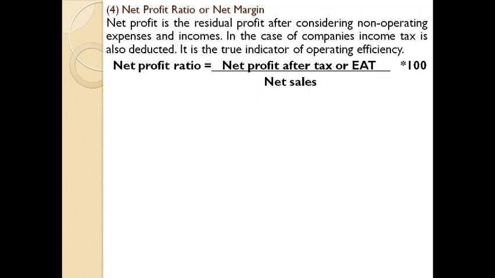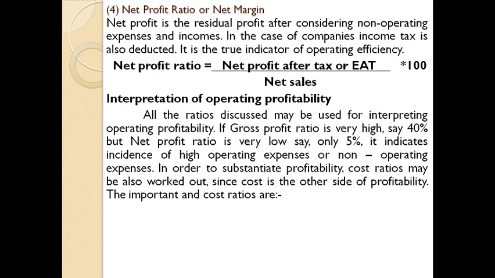So apart from all these factors, under operating profitability ratios, we have discussed four sub ratios, under which one is based on the cost aspect. As I have told earlier, we can measure the efficiency not only from the profit point of view, we can also measure it from the cost point of view. Regarding the interpretation of operating profitability, all the ratios discussed above may be used.